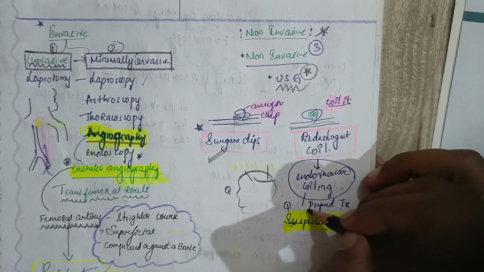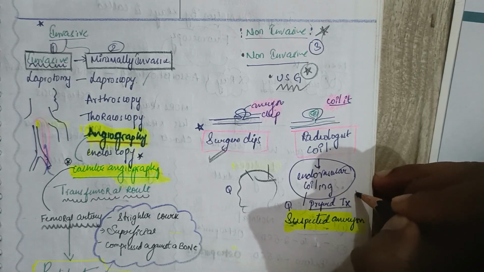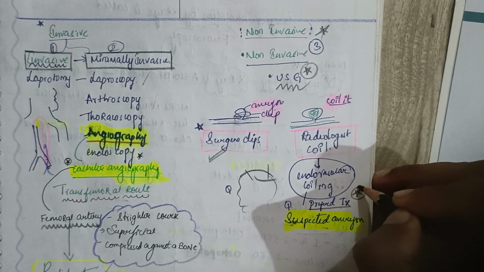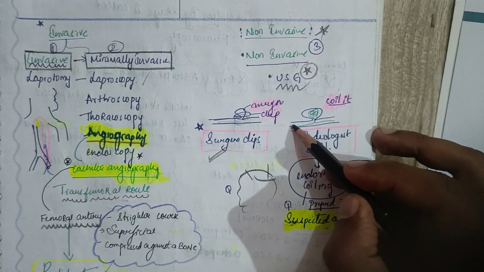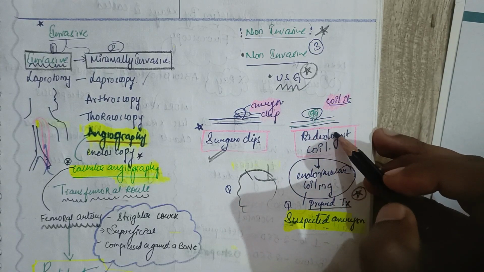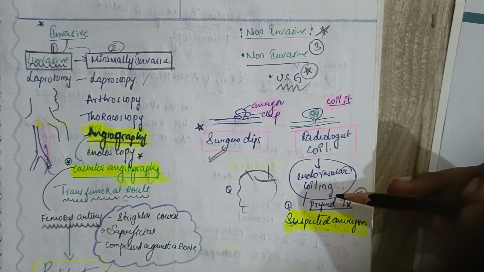This is the preferred treatment. Endo means inside, vascular, and coiling, so this is endovascular coiling.